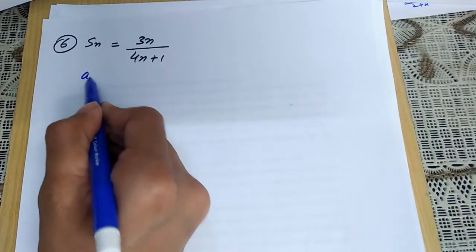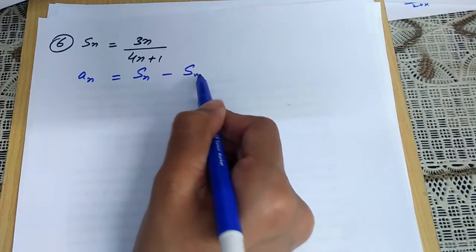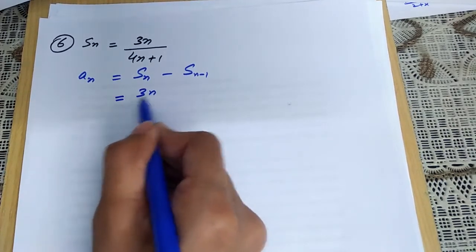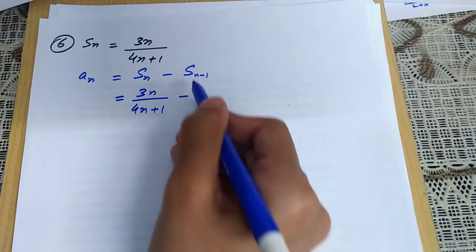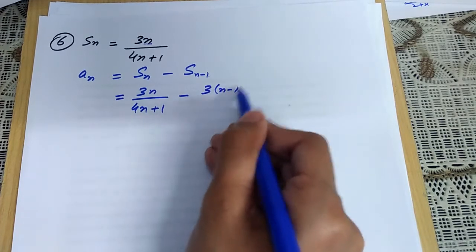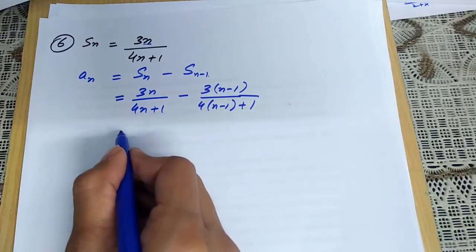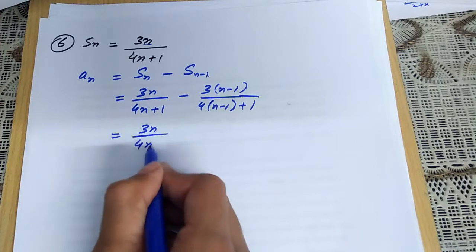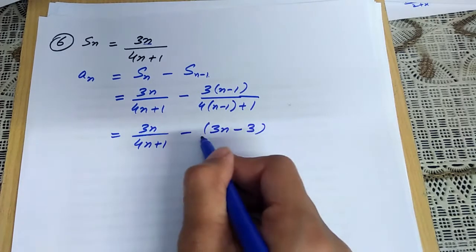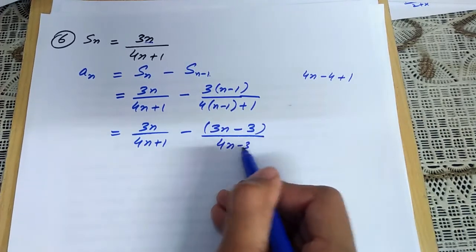The nth term of the series, normally called an, will be equal to Sn minus Sn minus 1. Sn is the same term, 3n over 4n plus 1, minus, replacing n with n minus 1, 3 into n minus 1 over 4 into n minus 1 plus 1. Now simplify it. You will get 3n over 4n plus 1 minus 3n minus 3 divided by 4n minus 4 plus 1, that is 4n minus 3.